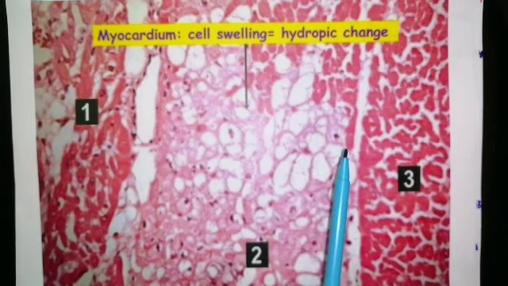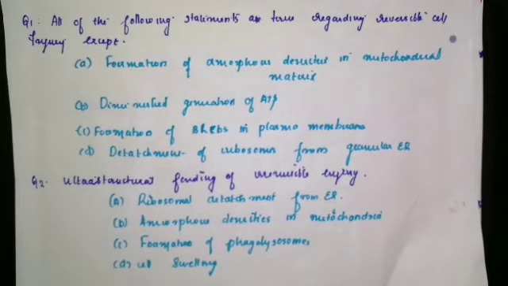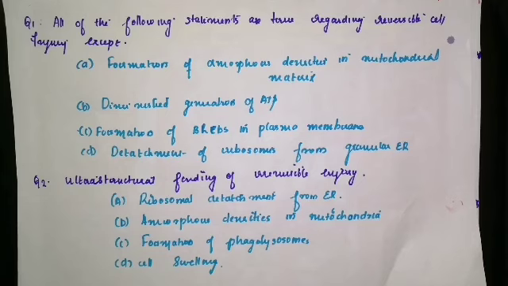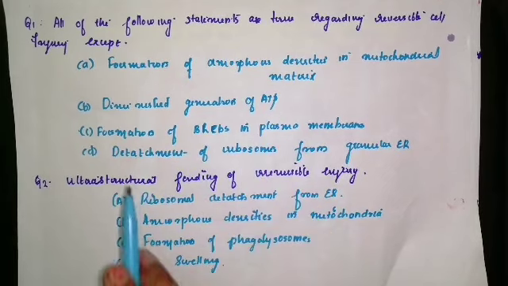Now we'll discuss a few questions from this section. Question number 1. All of the following statements are true regarding reversible cell injury except: first one, formation of amorphous dense densities in mitochondrial matrix. This is a change seen in irreversible cell injury. Second one, diminished generation of ATP, is definitely seen in reversible cell injury.